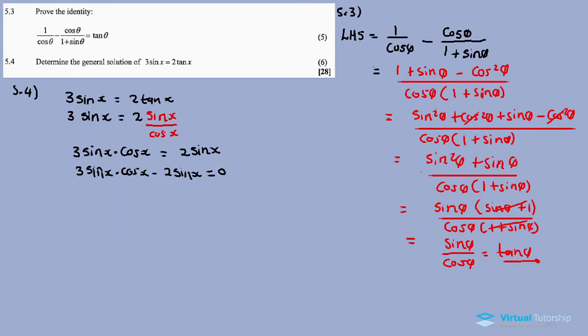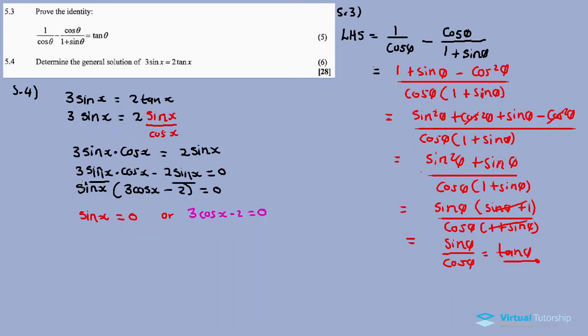and then we transpose the 2 sine x, so we have 3 sine x times cos x minus 2 sine x, and then we see that right now we have a common factor of sine x. We take sine x out as a common factor, and remain with 3 cos x minus 2 in the bracket equal to 0.